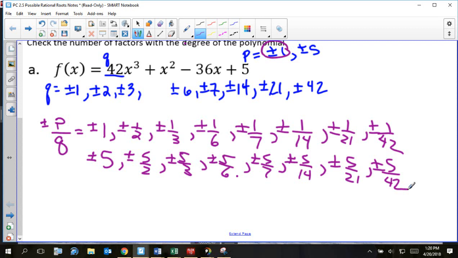What we're going to do, since we do have technology, is type this equation into the calculator. So go ahead and take out your graphing calculator, type that equation in. Graph it. I'll put mine up there so you can see if it looks the same when you graph it.